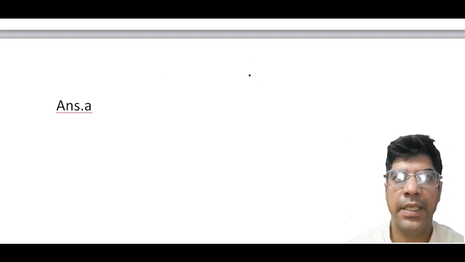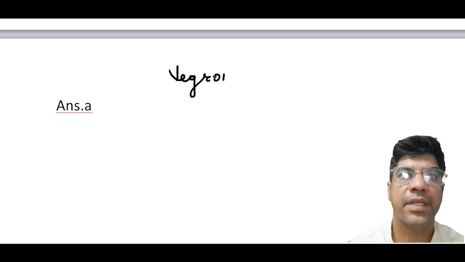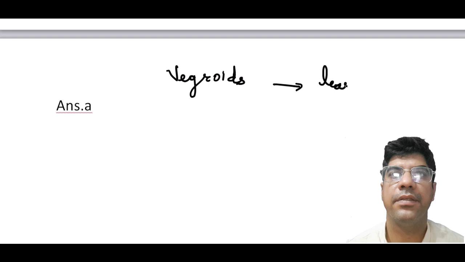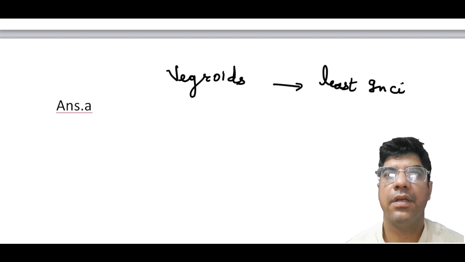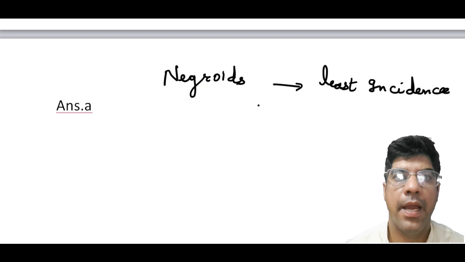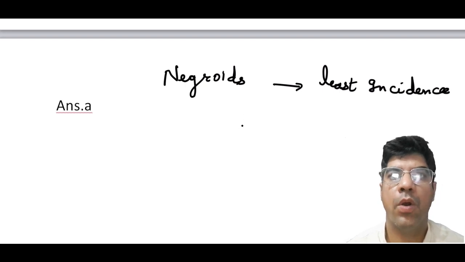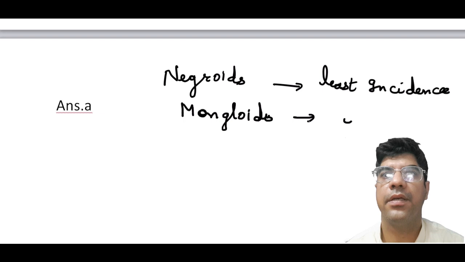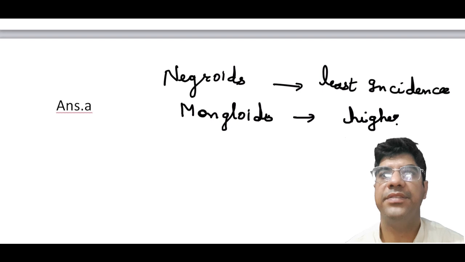Remember that in Negroids, it has the least incidence, and Mongoloids have higher incidence.